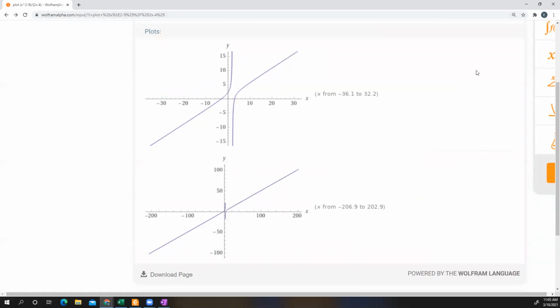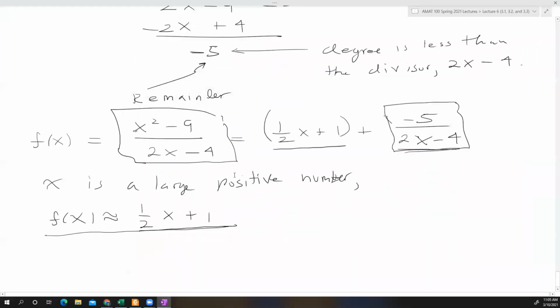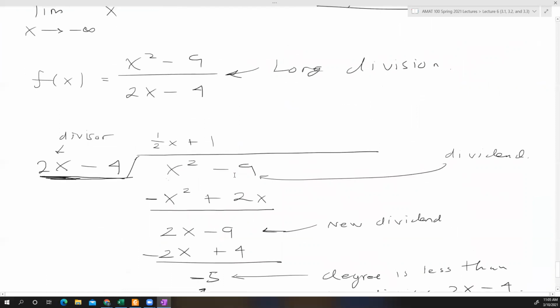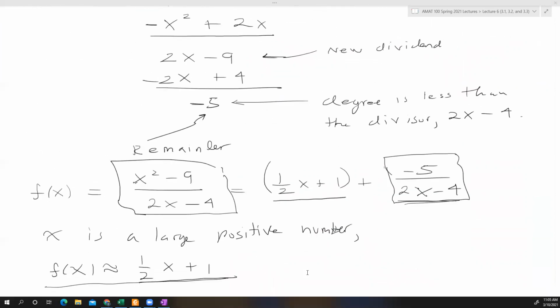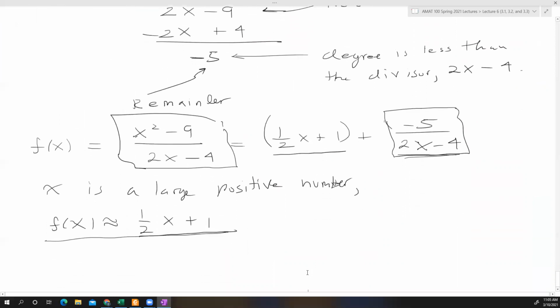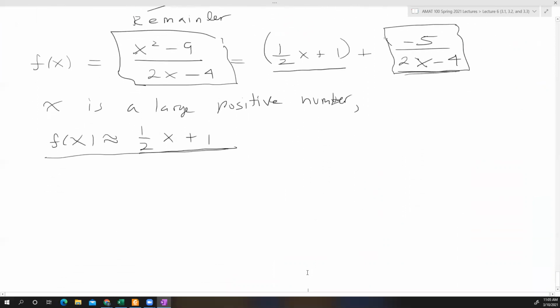In this case, the 1/2 x plus 1 is what you call the slant asymptote. So this is one reason why we care about the division algorithm. Hopefully that makes sense, and understanding this will help you tremendously when you go to calculus.